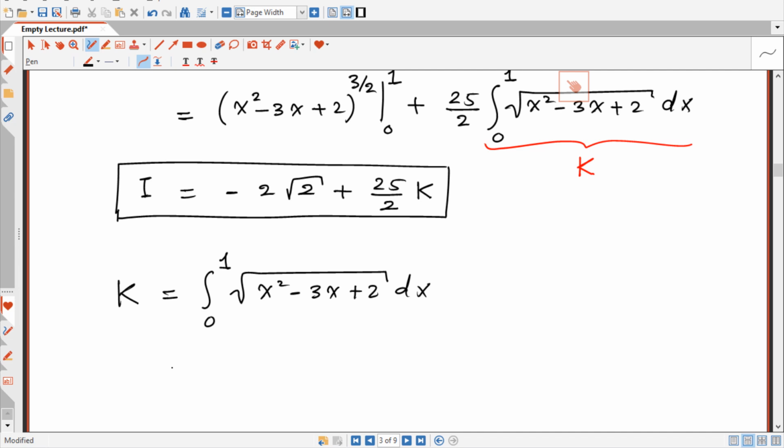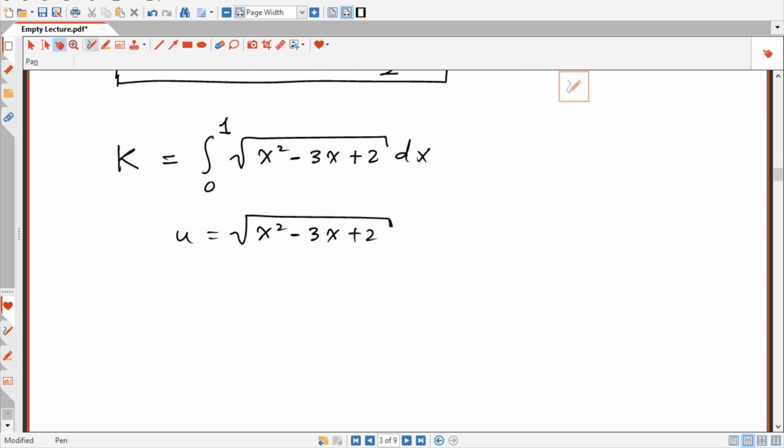We can set u as the square root of x squared minus 3x plus 2, and then we have to differentiate that. So du is equal to the derivative of the square root, as we learned from calculus, which is the derivative of what is inside the square root, that's 2x minus 3, divided by twice the square root of itself.